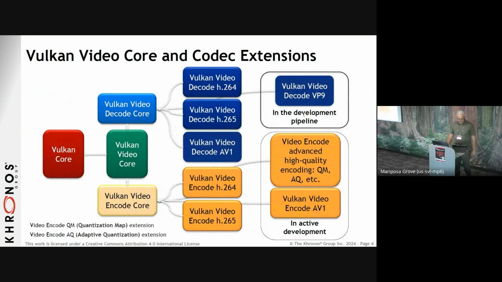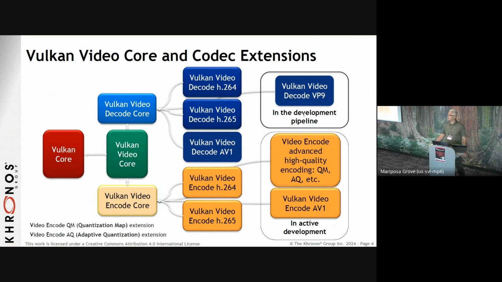And here's the charter we currently have. Last year we officially released video decode, H.264 and H.265. At the end of last year, in December, we also released the video encode APIs for the H.264 and H.265 standards.